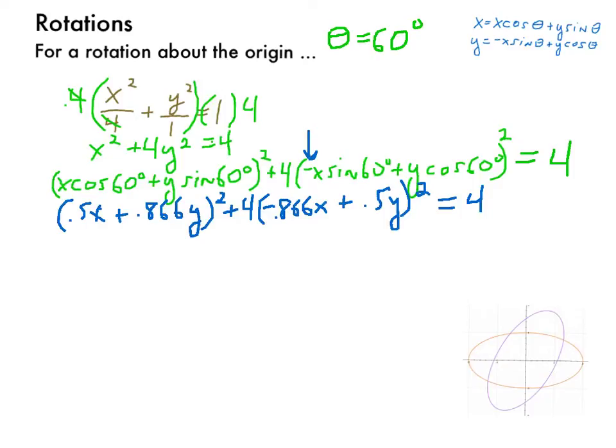To save time, after you FOIL it, you are going to get these terms. You're going to get a 0.25x squared plus a 0.866 xy plus a 0.75 y squared.